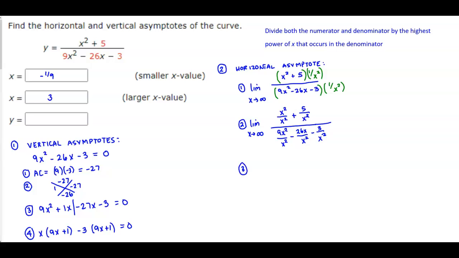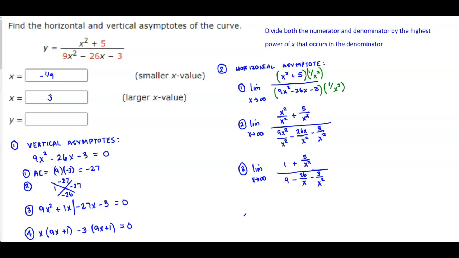Now let's go ahead and simplify. So we have the limit as x is approaching infinity. So x squared divided by x squared is 1 plus 5 over x squared, divided by 9x squared divided by x squared is 9 minus 26 over x minus 3 over x squared.